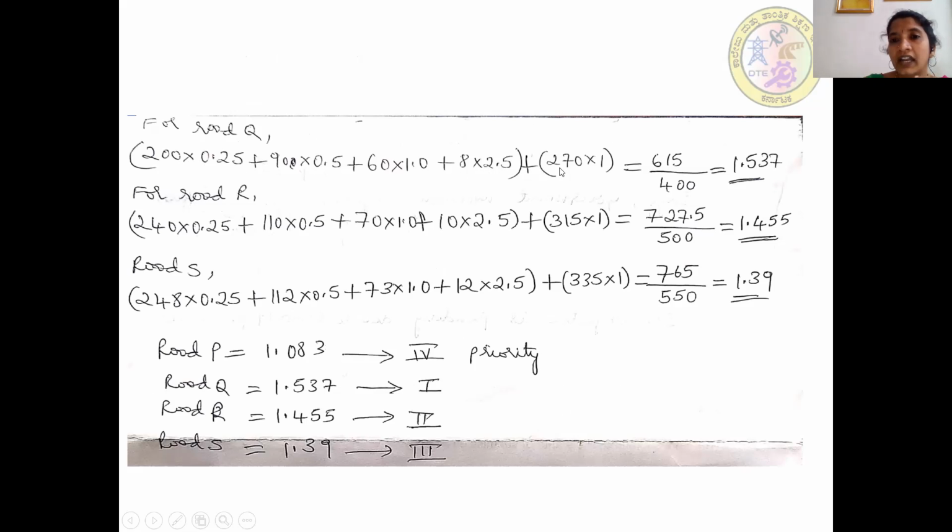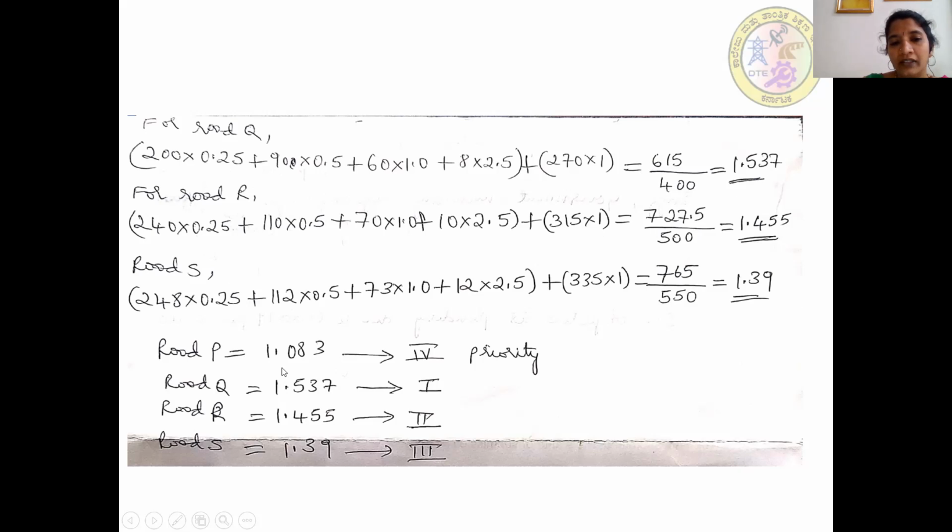Then agriculture and production, it is 270 into 1. In total you will get 615 divided by the total road length, 400. You will get 1.537. Similarly for R, multiplying by utility units, you will get 727 divided by the total road length, 500. You will get 1.45. Similarly for S you will get 1.39.